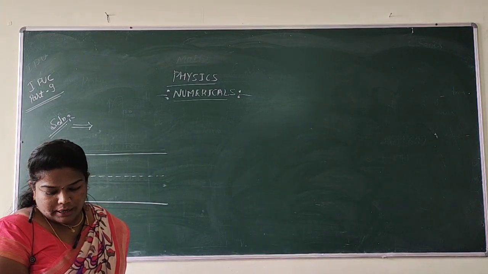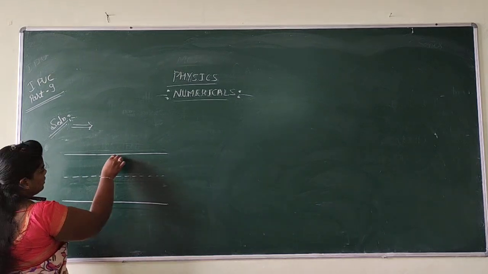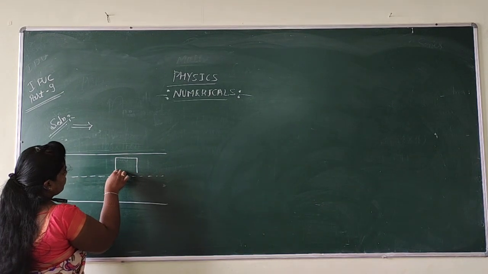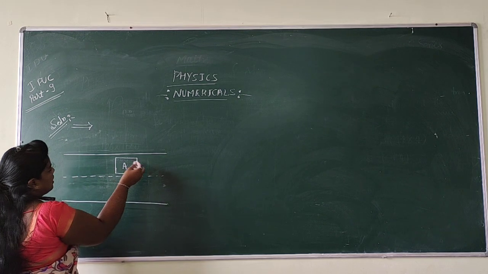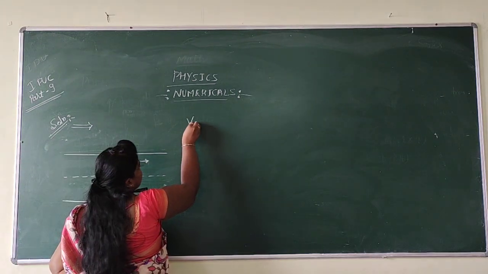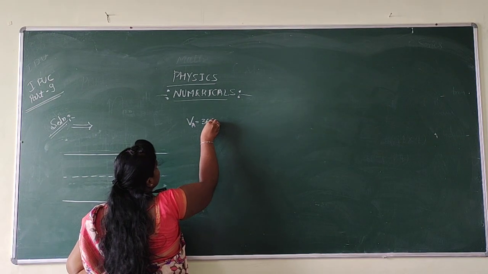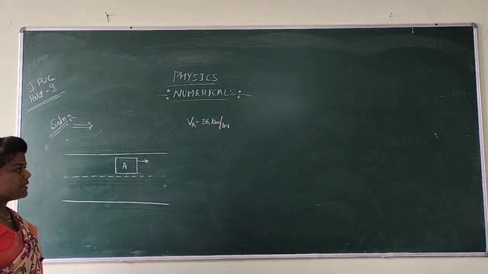Car A is traveling with a speed of 36 km per hour. Here we have car A, which is moving with a velocity of 36 km per hour. Convert it into meter per second.